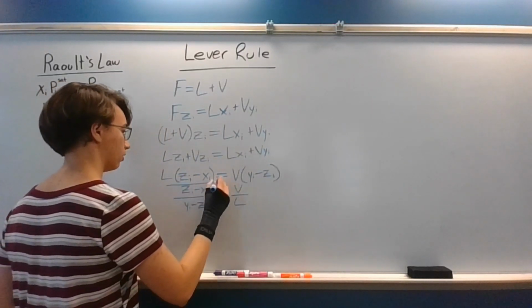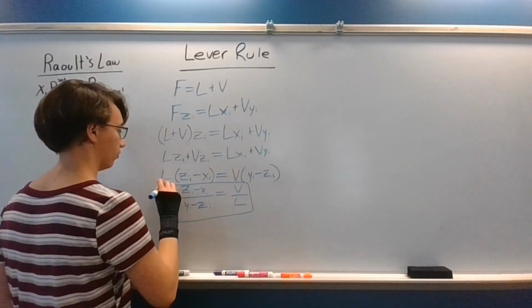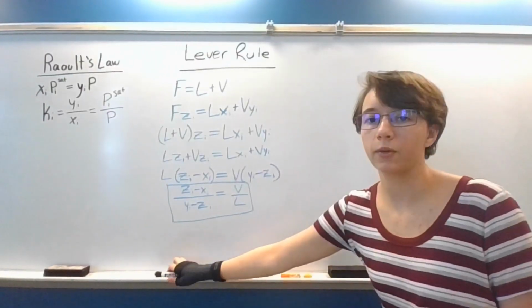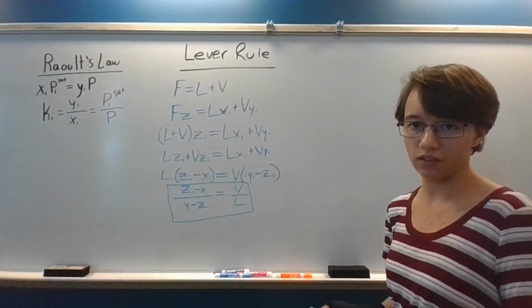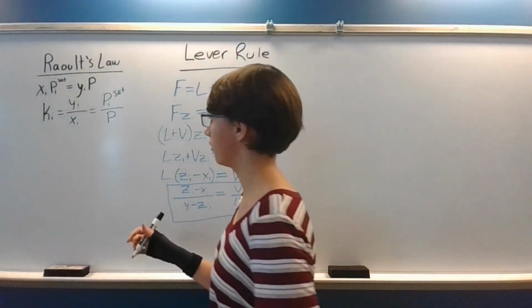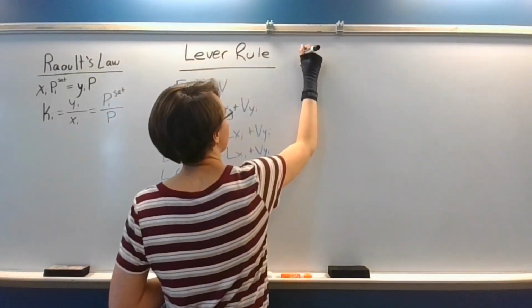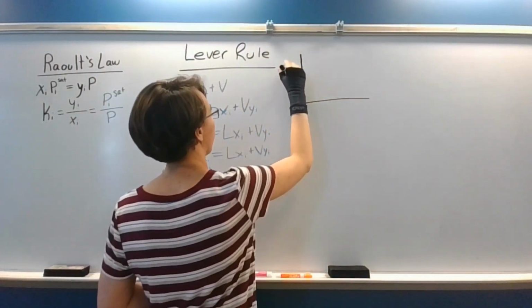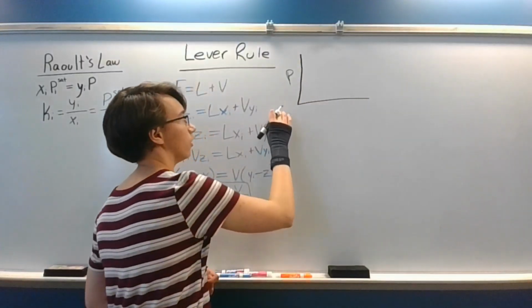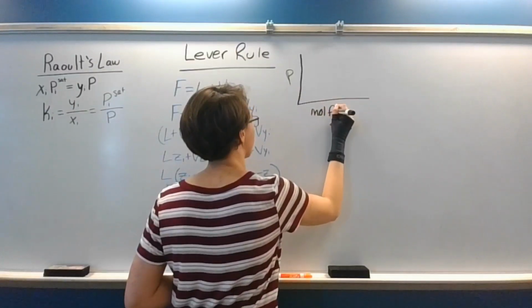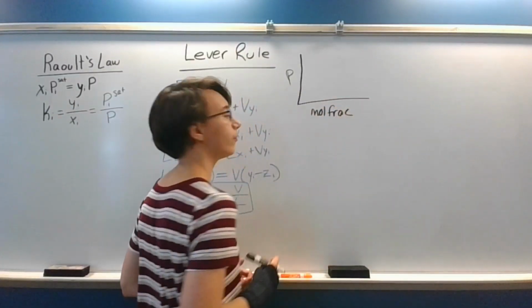And so this is our lever rule. All right, so you're probably wondering, what exactly does this mean? To answer that, we're going to take a look at the plots that we made earlier. So I'm going to draw a replica of them right here. We'll have pressure on the y-axis and then mole fraction of x.